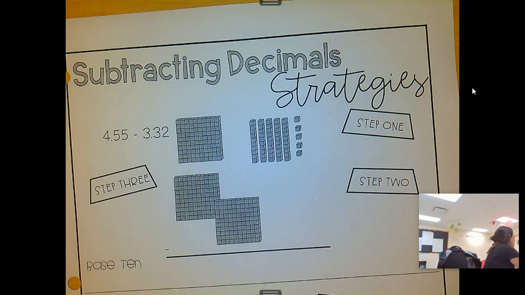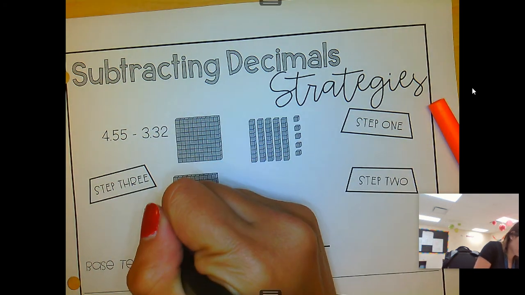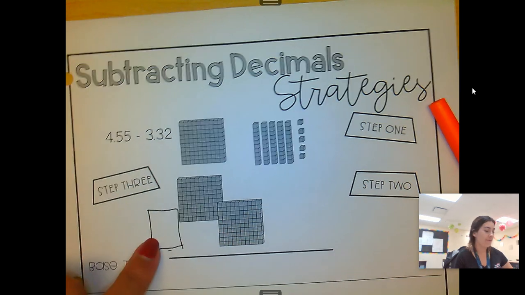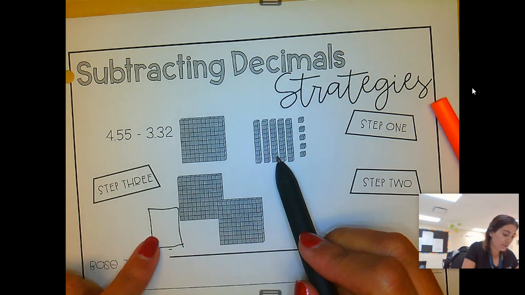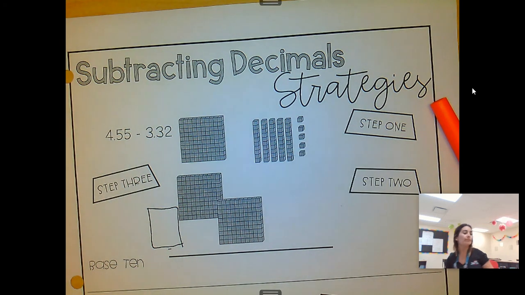And I think we are missing a box on here, but that's okay. So this is actually supposed to have 4. This should be 1, 2, 3, and 4. We'll just pretend it's here. 1, 2, 3, and 4. And then 1, 2, 3, 4, 5 tenths, and 1, 2, 3, 4, 5 ones.